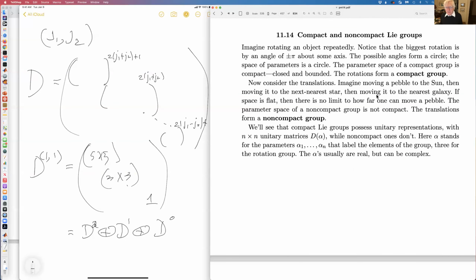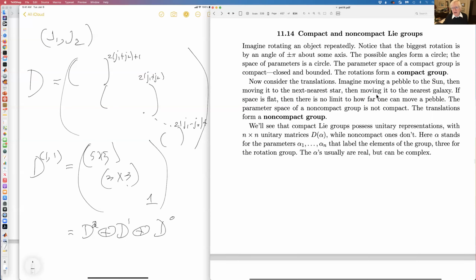And I've already talked about compact and non-compact groups. The translations are non-compact. Lorentz transformations are non-compact. General coordinate transformations are non-compact. On the other hand, rotations are compact.